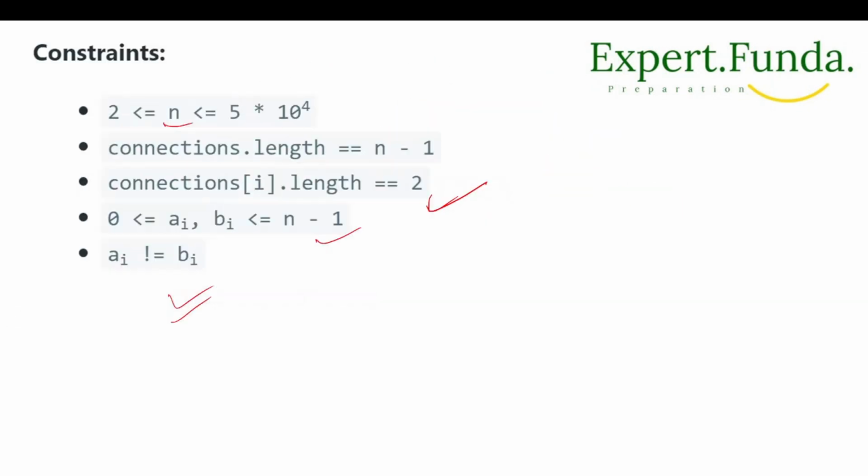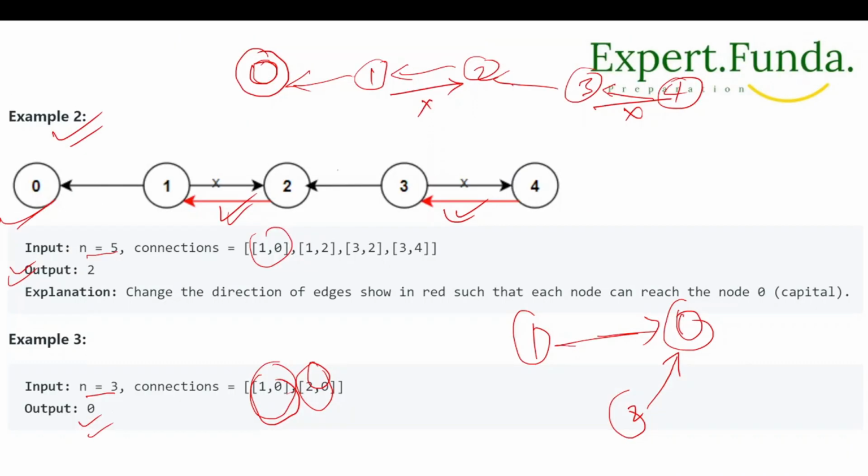As you can see right here, this is nothing but our artificial edge, in the red mark. Let us refer to the edge we add as an artificial edge, and the edge present in the connections is an original. Whichever is given in the connections is our original, but this is our artificial.